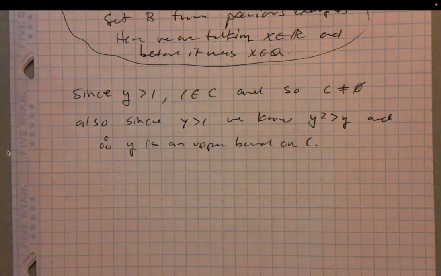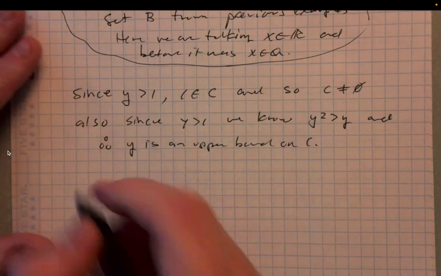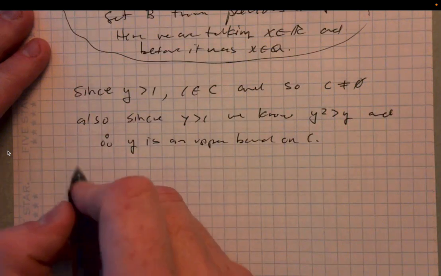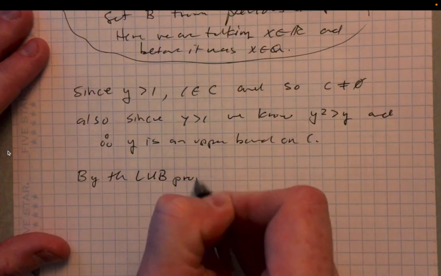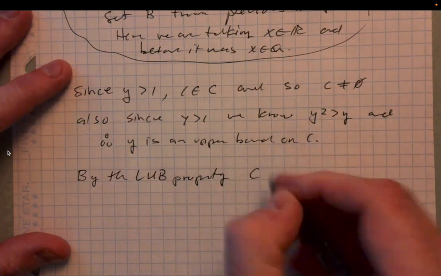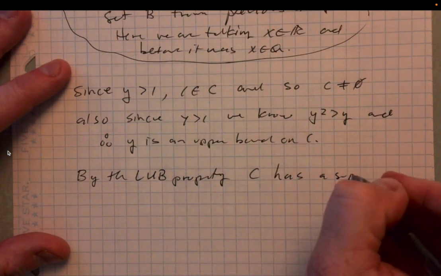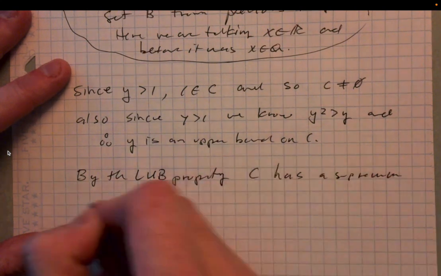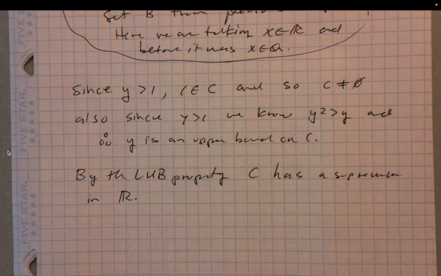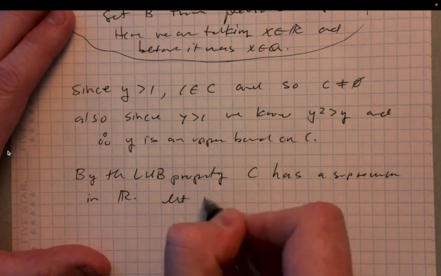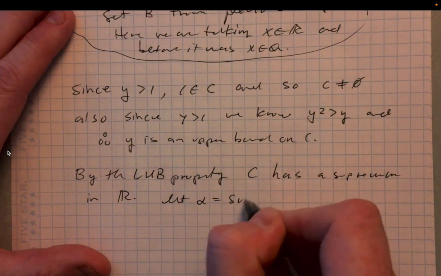All right, then by the least upper bound property, C has a supremum in R. There exists a real number which is the least upper bound of C. So let's let alpha equal this number.